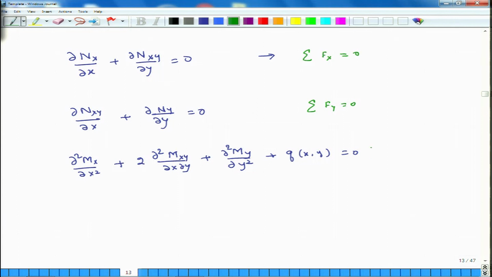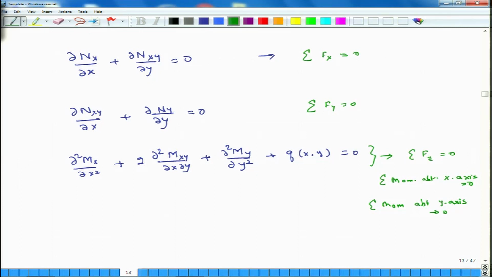The third is essentially a combination of three differential equations: sum of all the forces in z direction equal to 0, sum of moments about the x axis equal to 0, and sum of moments about the y axis equal to 0.